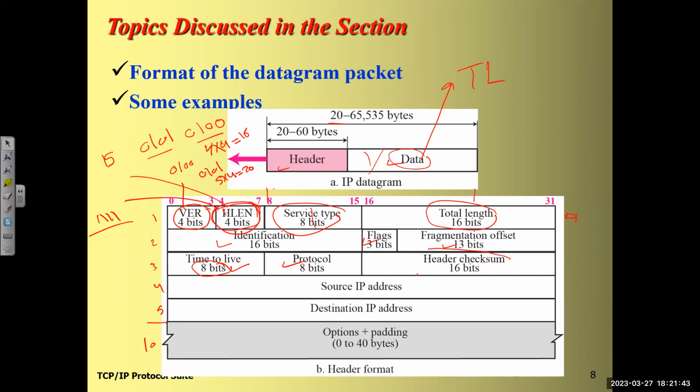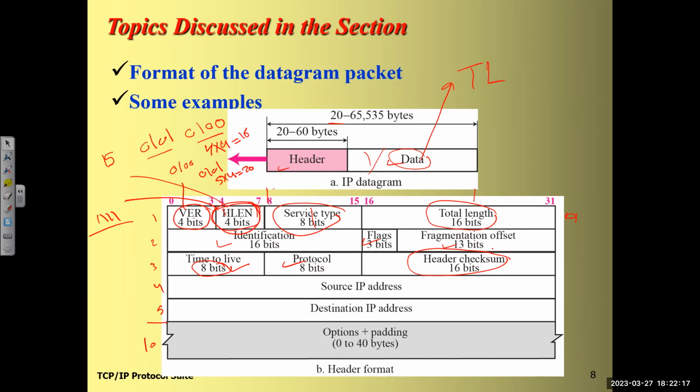Then, a very important thing, the header checksum. What does the header checksum do? It only checks whether there is an error in the header. We are not doing any check for the data. So if there is corruption inside the data, IP is not responsible for finding that. However, IP is responsible for finding out if something changed in the header when you send the packet. When the destination receives the datagram, it will check the checksum again.